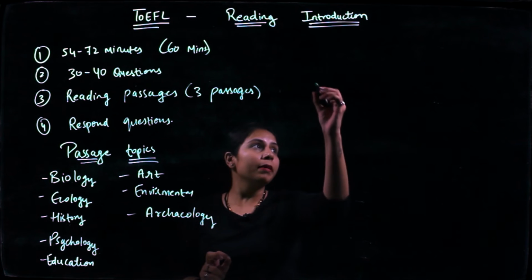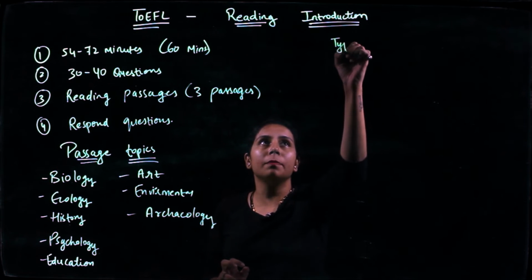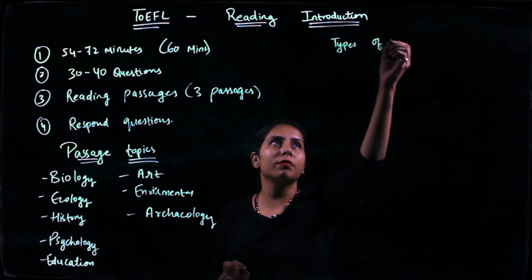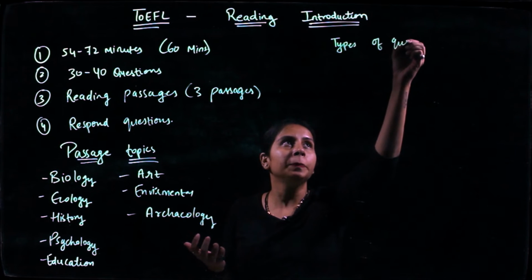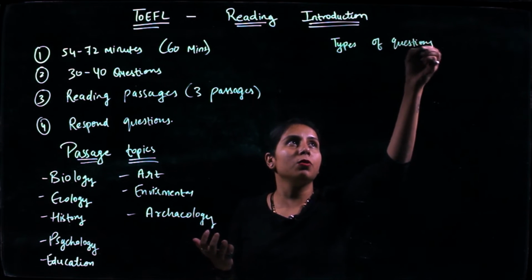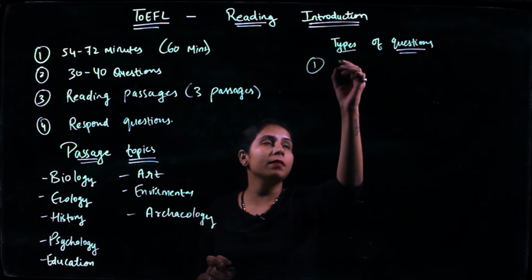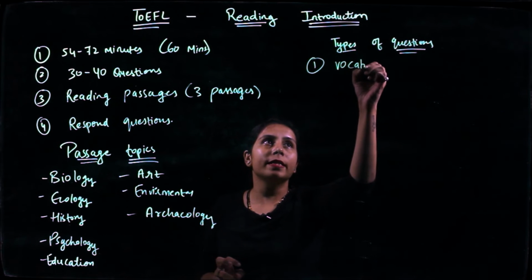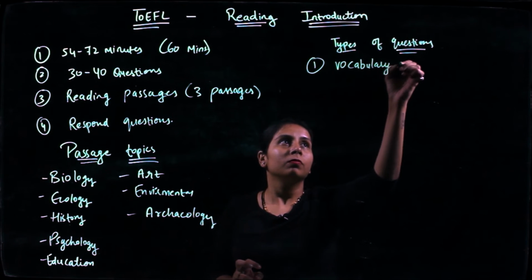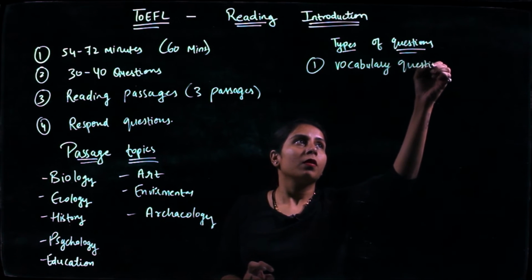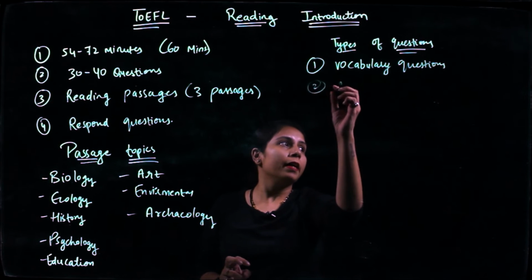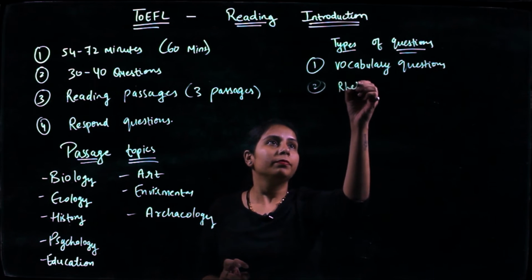All right. Now, let me tell you what types of questions are being asked. Basically, there are generally 10 types of questions that they ask you with the reading of the passages. The first one is the vocabulary related question. Okay. Then you can say rhetorical.